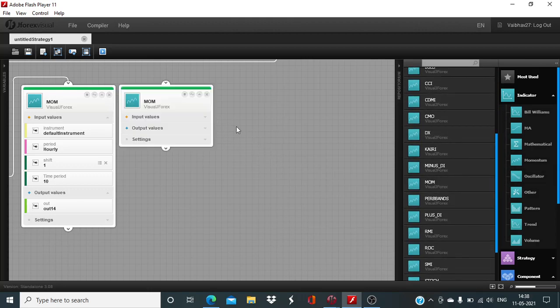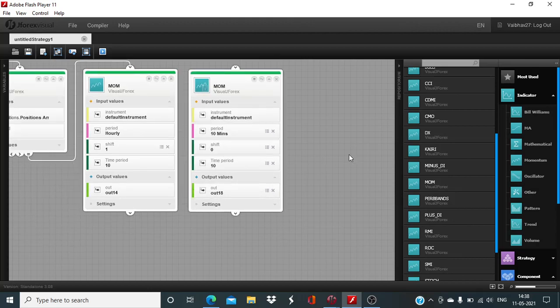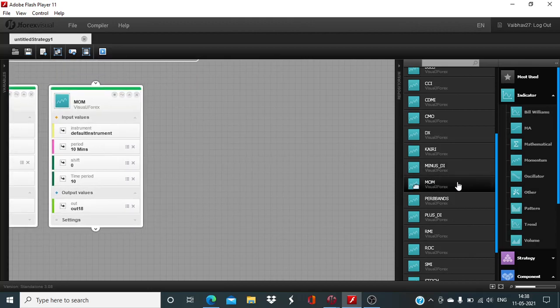Here it is. We are going to need 5 of these blocks.